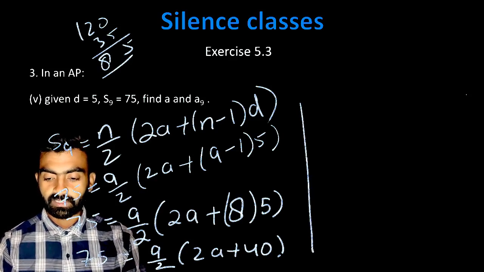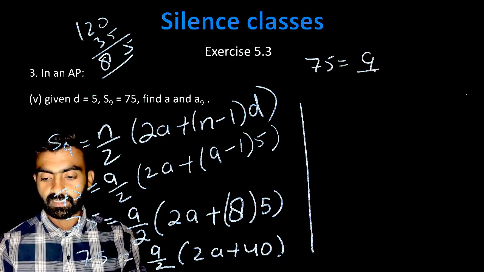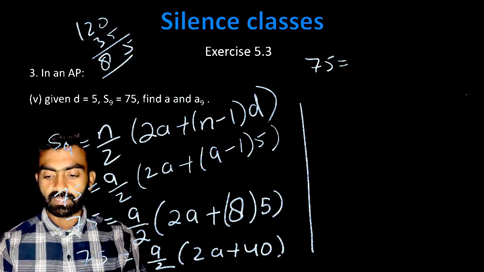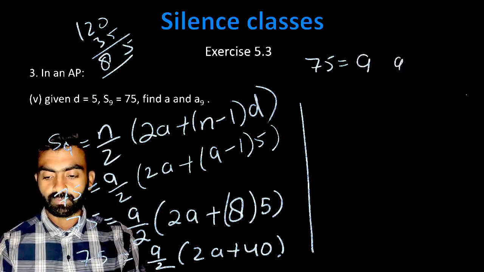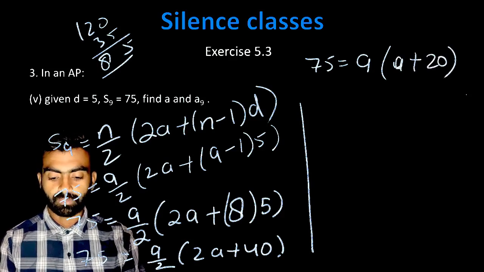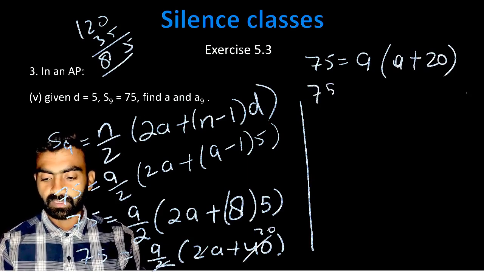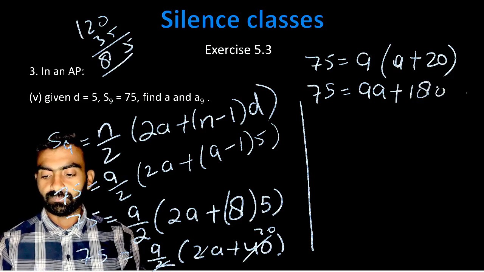From 2 we can cut it out. So we get 9 multiplied by a plus 20. Cutting 2 and 20, we get 75 is equal to 9a plus 180.